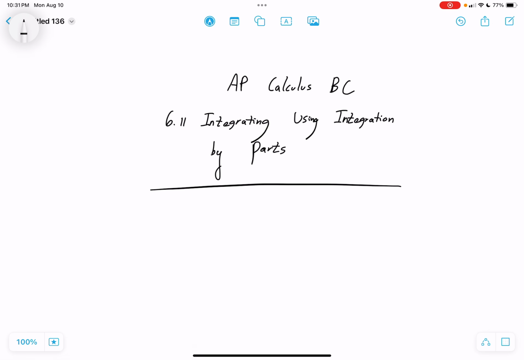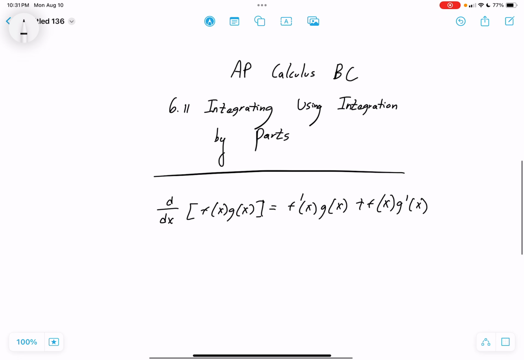So we know the product rule. The product rule states that the derivative of f of x times g of x, so those are just two random functions I've denoted, is equal to the derivative of the first times the second plus the first times the derivative of the second. Now what I'm going to do is integrate both sides with respect to x.